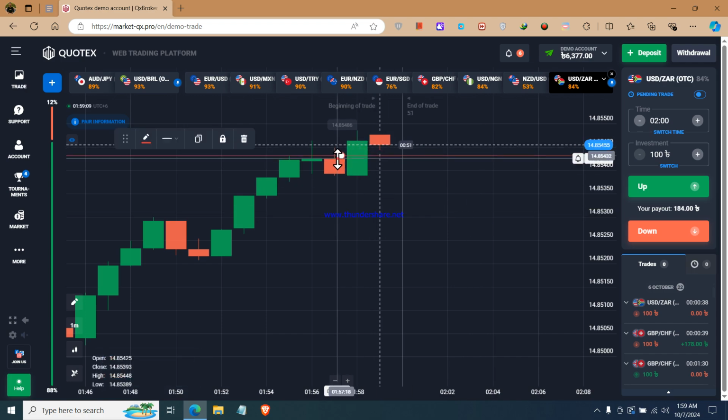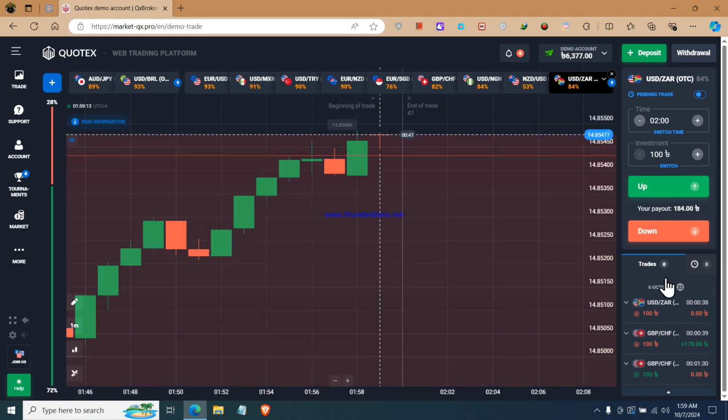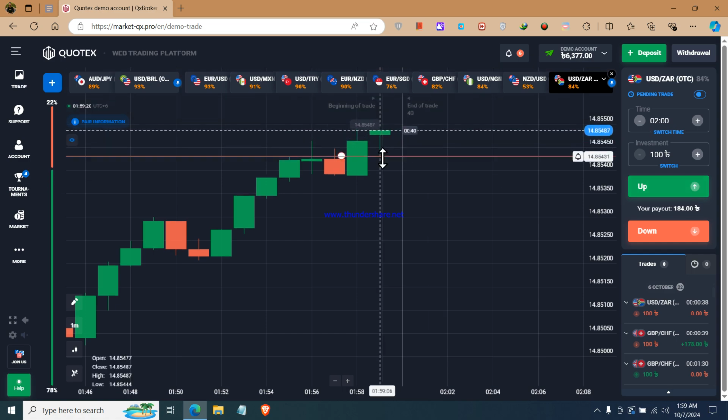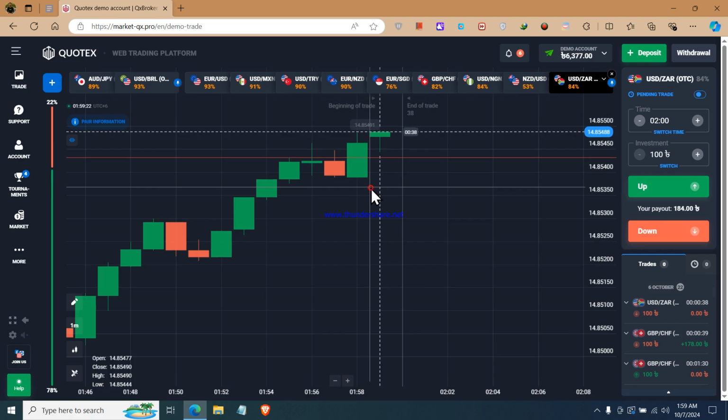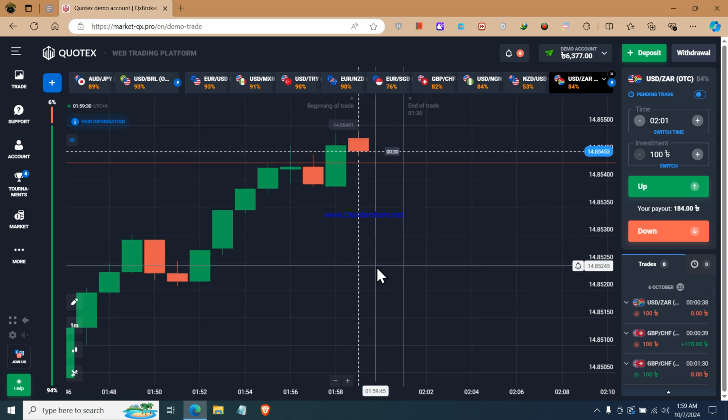If this candle comes below this red line, I'm going to place my trade for up call direction, and it will be my last trade if this candle comes below this point. But it's not coming.